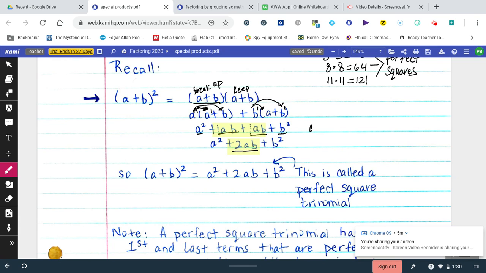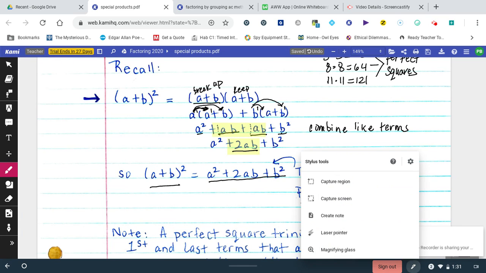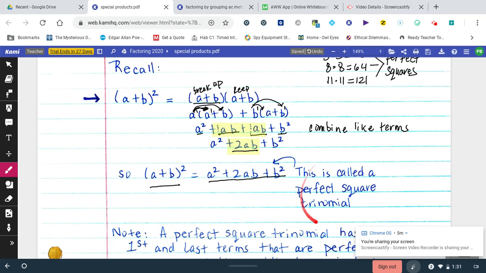All I did was combine like terms. That tells me that (a plus b) squared is equal to a squared plus 2ab plus b squared. This whole thing is called a perfect square trinomial.